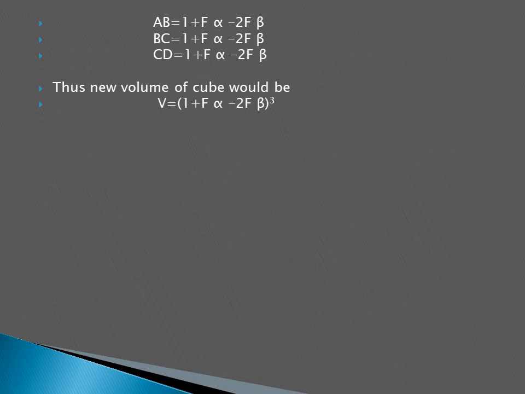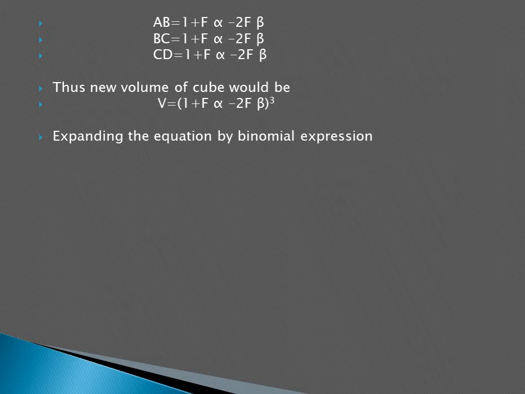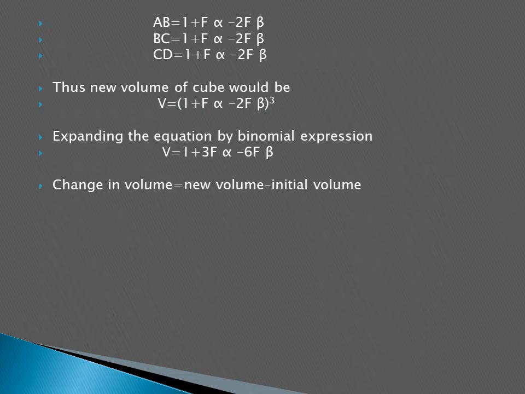On expanding this by binomial expression, we get 1 plus 3F alpha minus 6F beta. In order to find the change in volume, we subtract the original or initial volume, that is 1. Thus, we get the change in volume delta V is equal to 3F alpha minus 6F beta.